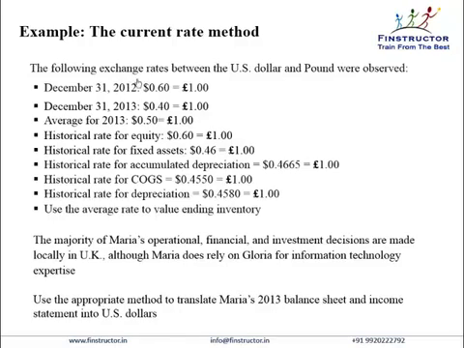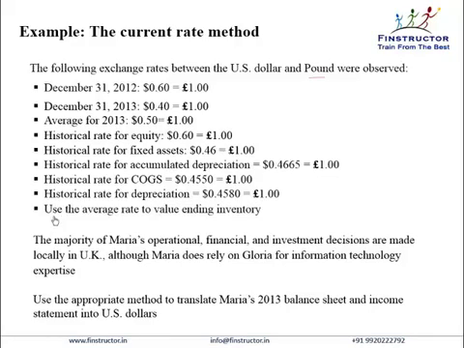And we are given the exchange rates between the US dollar and the pound. As on December 31st, 2012 as $0.6, December 2013 as $0.4 to a pound. Average for 2013 is given. Historical rate for equity, fixed assets, accumulated depreciation, COGS, depreciation is also given.